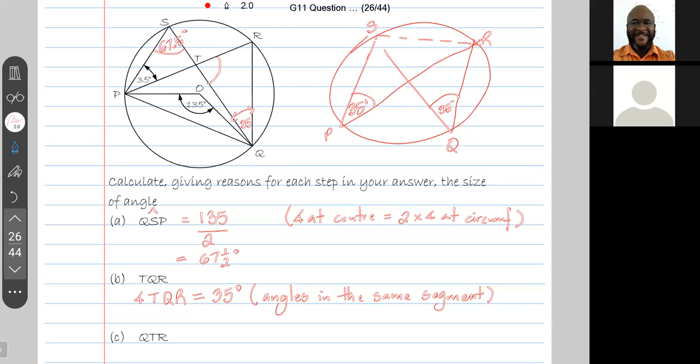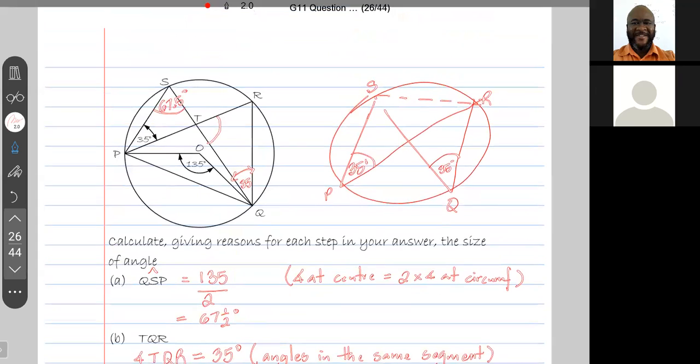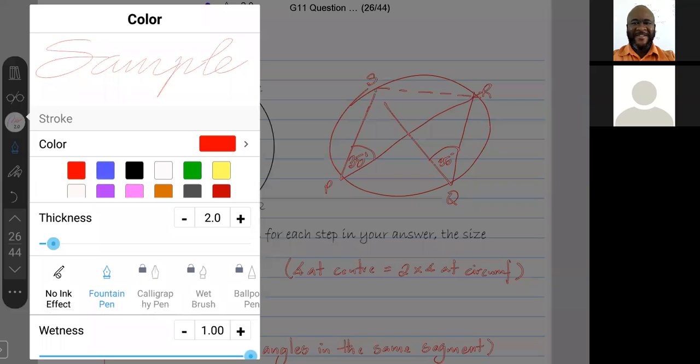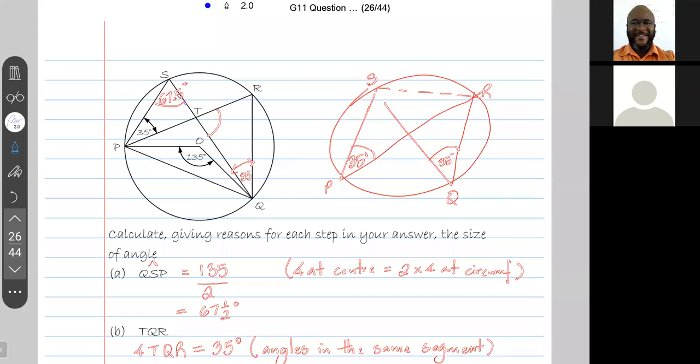Now, here's how we can find it. We can find this angle first, and whatever this angle is, the other is the same thing, because these two angles are vertically opposite angles.